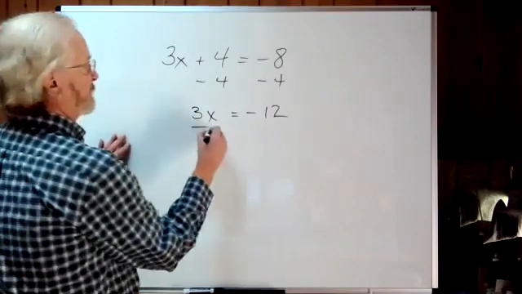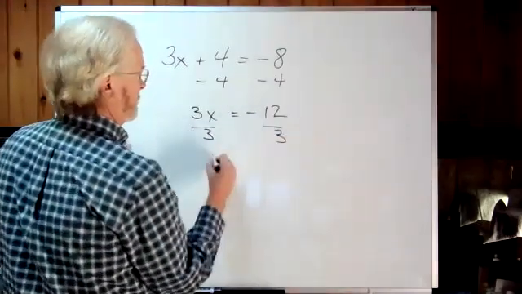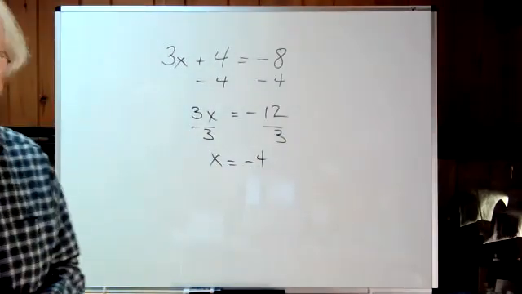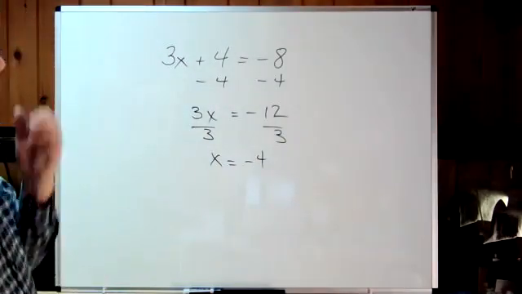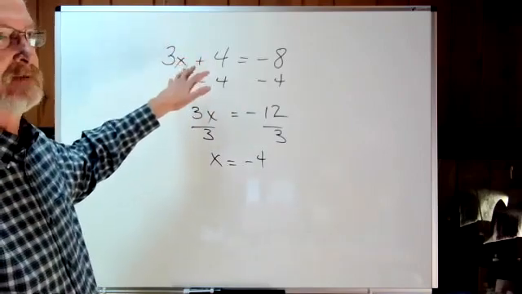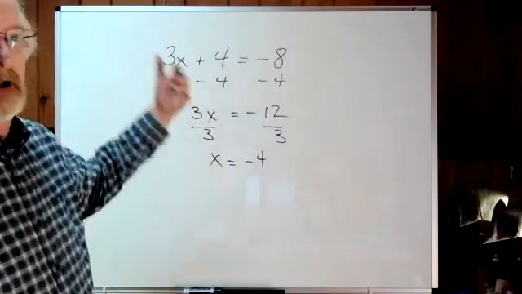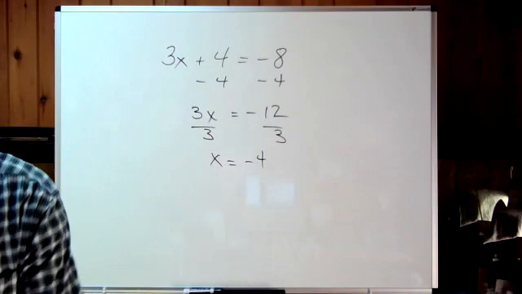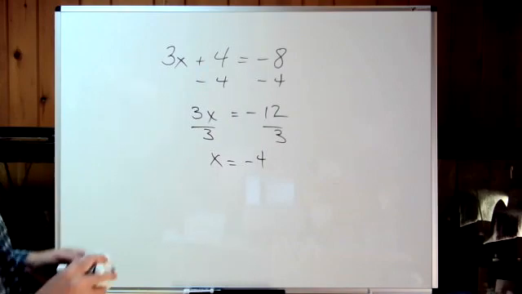I'm going to divide both sides by the 3 and get a -4. Don't lose your negative sign. A -4 for that problem. So here's where we start. These problems might have a combination of multiply, divide, and add and subtract. So I'm just going to do a few more of those, okay?